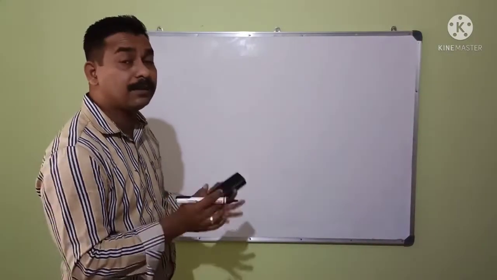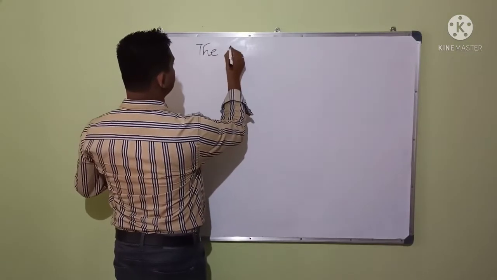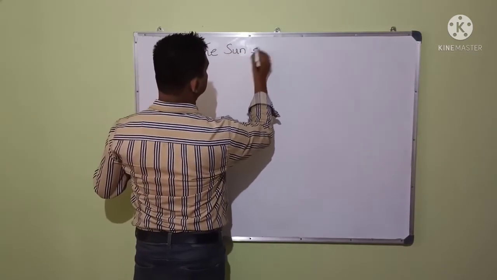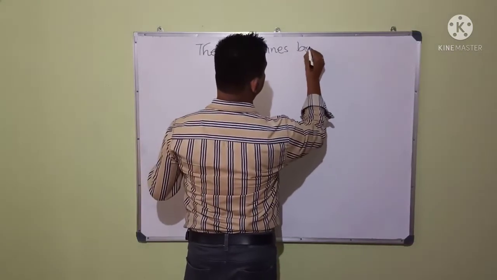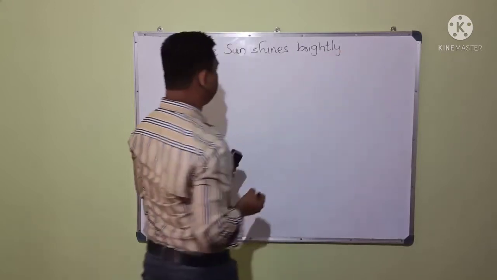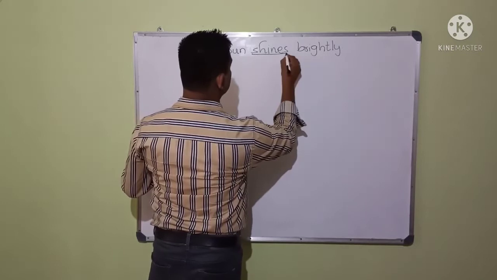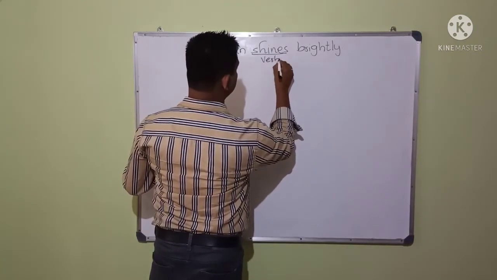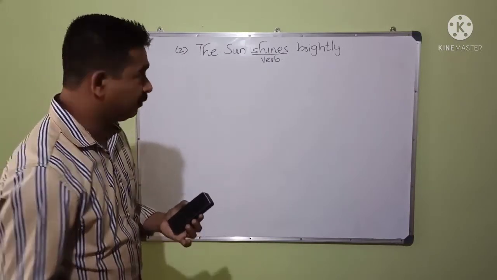Let's consider another example. The sun shines brightly. Let me underline the verb first. Verb shines. Shall we ask the question?